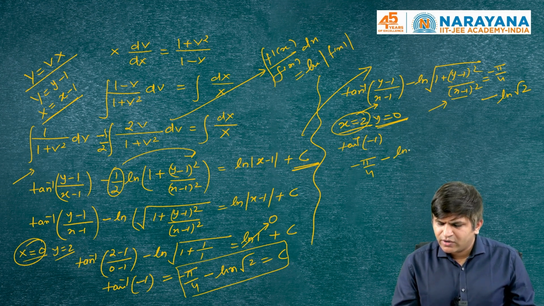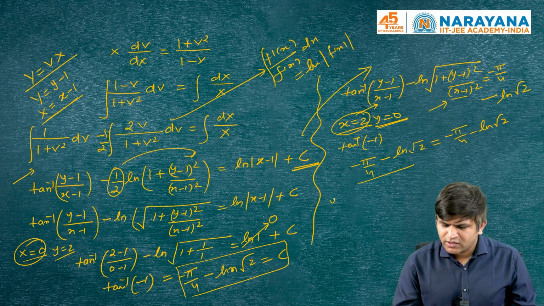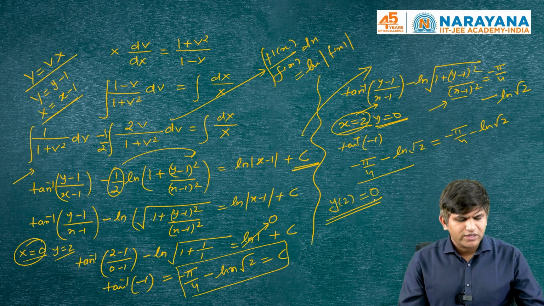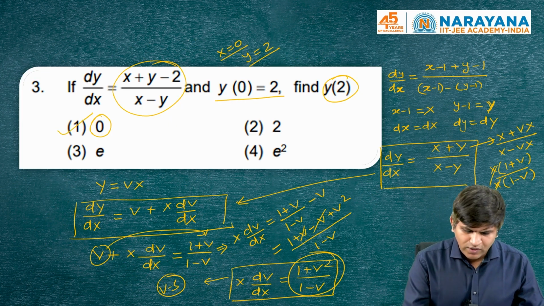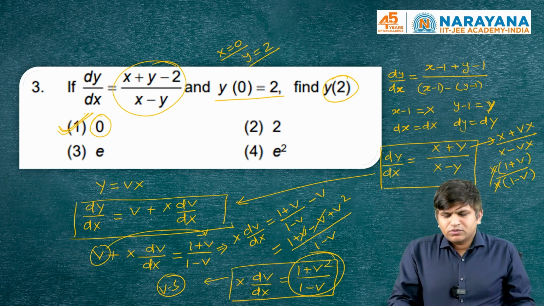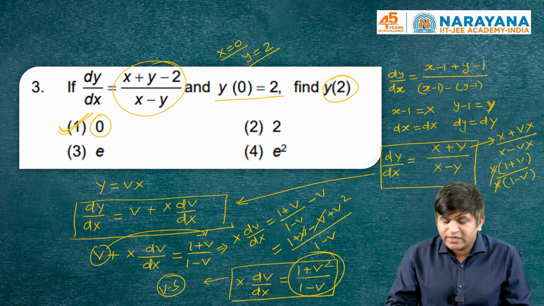So we are getting ln of root 2, so that is equal to minus pi by 4 minus ln root 2. So now we can say that y at 2 will be 0. So our correct choice is option 1 only. This was a little lengthy problem, so we can rate this problem as moderate.